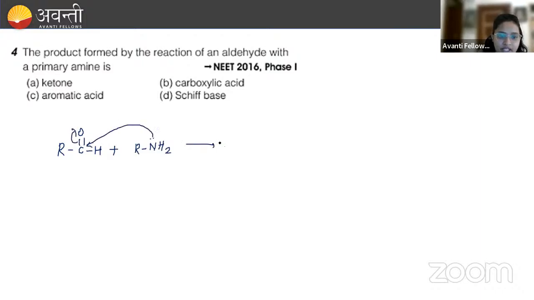Nucleophilic addition reaction will take place, right? RCH, here is H, here our nitrogen is attached, it has hydrogen. Okay, here is R and here is our hydrogen. Here a positive charge has come, here is a negative charge. What will happen? Like this, the reaction will take place. Okay, RC, here OH, here the double bond has come. Okay?